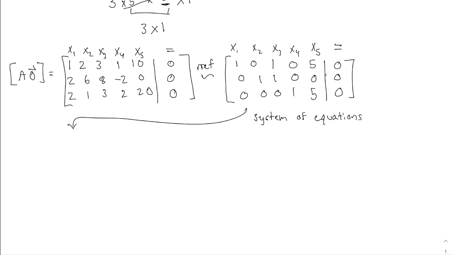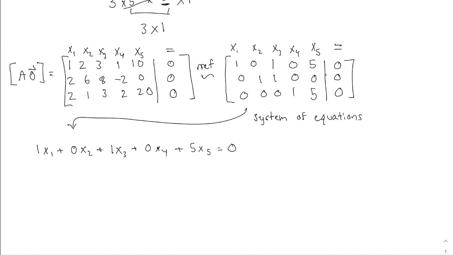But what this means is that we have our x1 column, meaning 1x1 plus 0x2 plus 1x3 plus 0x4 plus 5x5 equals 0. That's what our first row means.